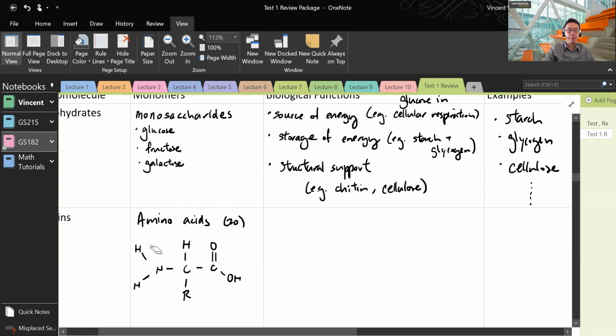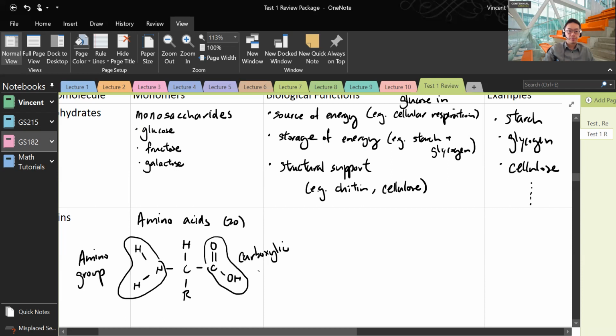So again, there is the amino group here, the carboxylic group, and then there is the side chain. Okay. Amino group. Carboxylic group. Carboxylic acid, actually. And then this is the side chain.